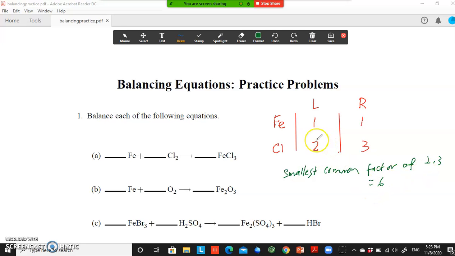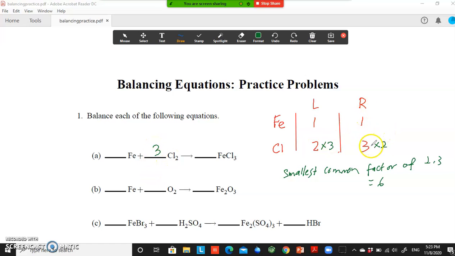So therefore, you have to make 2 into 6 and 3 into 6. So in order to do that, you have to multiply 2 with 3 and multiply 3 with 2. So on the left side of the equation where you have the chlorine atoms, you have to multiply the chlorine atom on the left side with 3. So I have to put a 3 coefficient here.